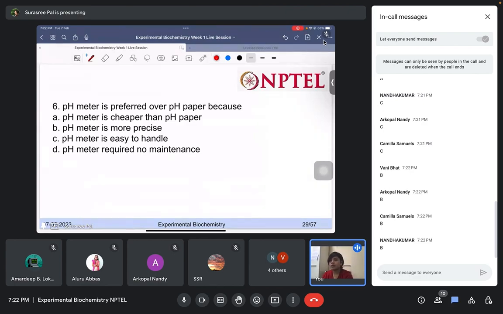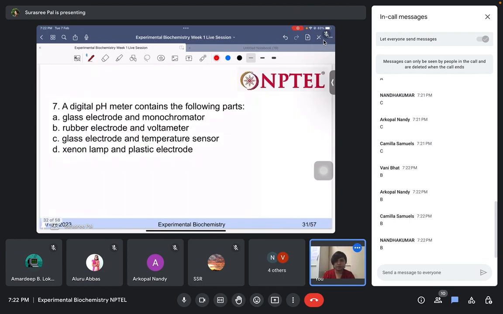Yes, correct. The answer is B. Your pH meter is more precise. Alright, moving on to the next question. What are the parts of a digital pH meter?